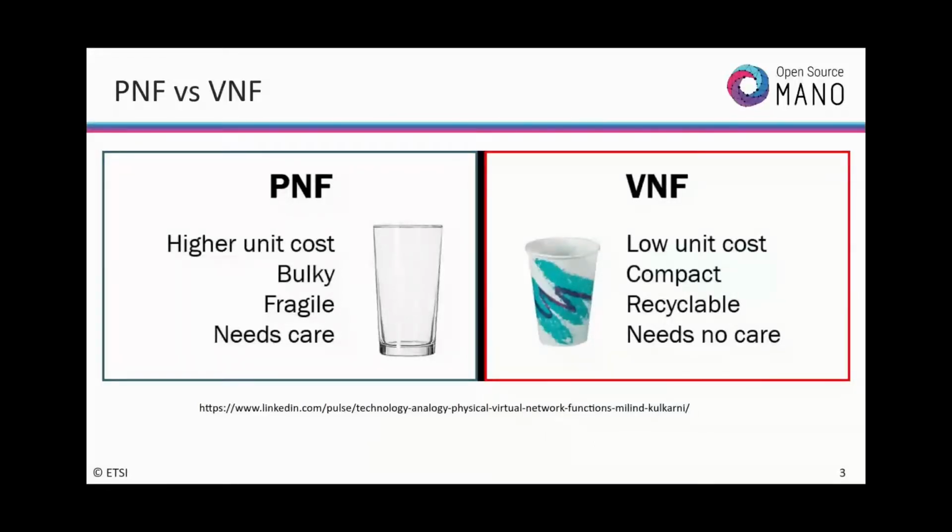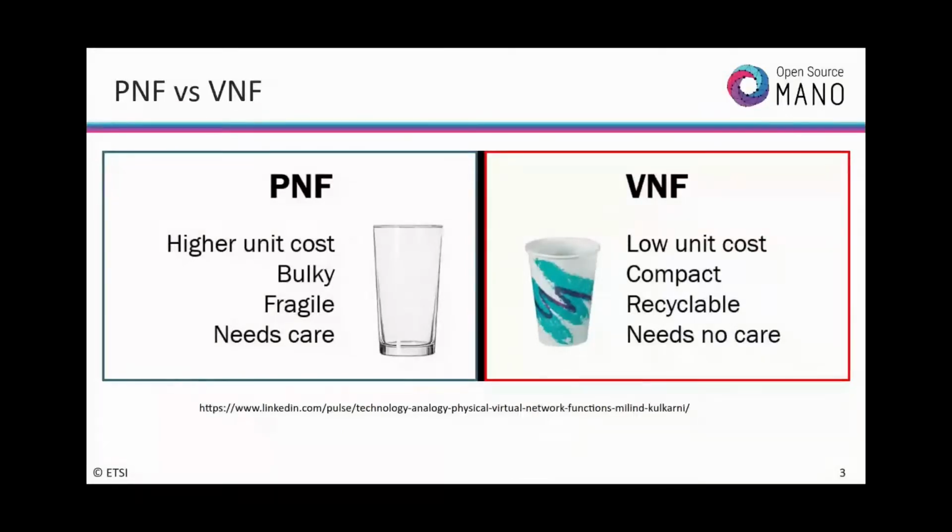So a PNF is a fixed asset. It's a higher cost unit. It's fragile. It needs care. Basically it's already there. It comes in one shape, one size, and we don't manage the life cycle of it.